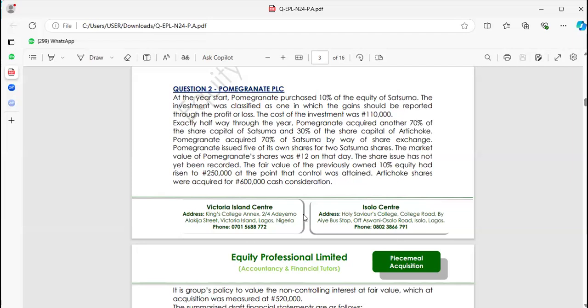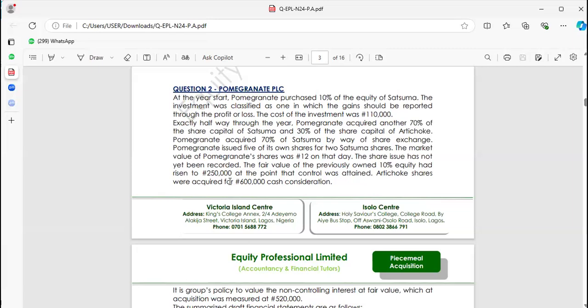To calculate goodwill now, the share issue has not yet been recorded. The fair value of the previously owned 10% equity had risen to 250. The fair value of the previous investment is now 250.